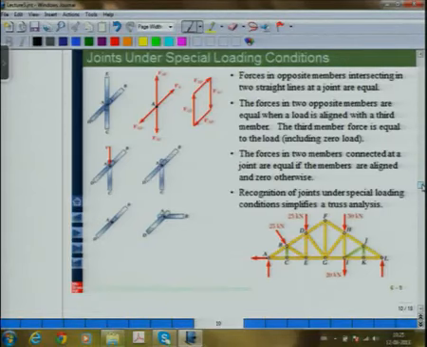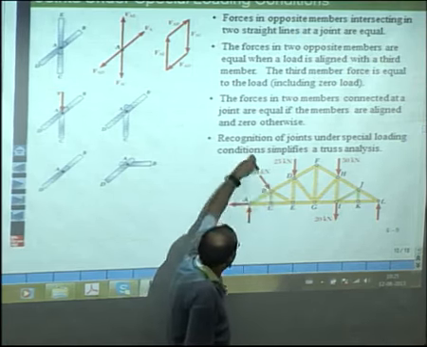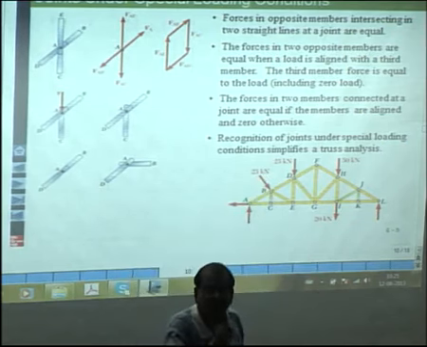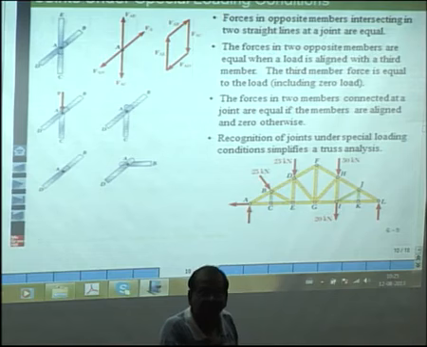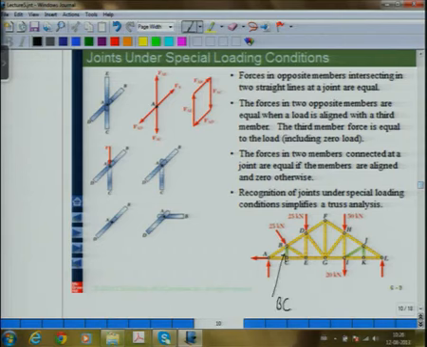They are connected to CB. CB is not collinear. So if I look at this pin, what deduction can I make about BC? BC has to be zero force. Now you can't make this deduction if you look at BC from pin B. But if you look at BC from pin C, you can easily make this deduction that BC is a zero force member.